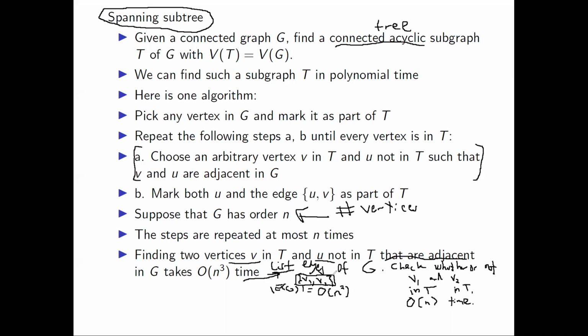So each of the edges takes big O of n time to see whether it has one vertex in T and one vertex not in T. And there's big O of n squared edges, so big O of n squared times big O of n. And that's how we're getting big O of n cubed for each step.